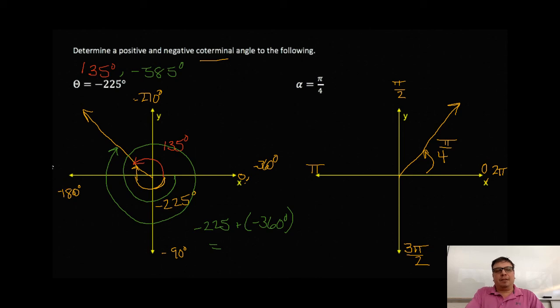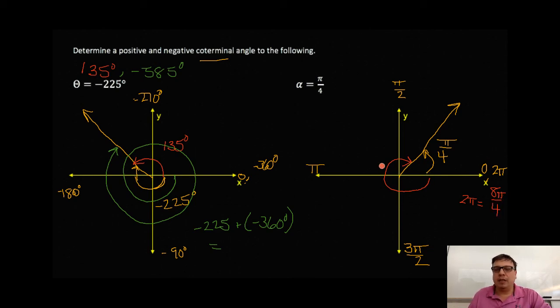So now I have to figure out 2 other angles, but if they're given to me in radians, I need to give them back as radians. So now I'm going to go this way, and I'm going to rotate around and come back through, and here's my negative. All right, so a coterminal angle to pi over 4. Well, let's think about this. 1 full revolution is 2 pi. 2 pi is the same as 8 pi over 4.